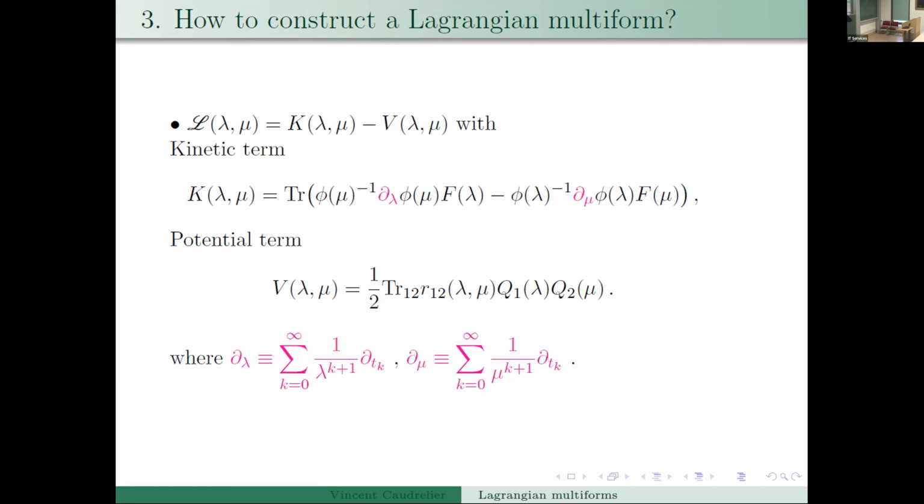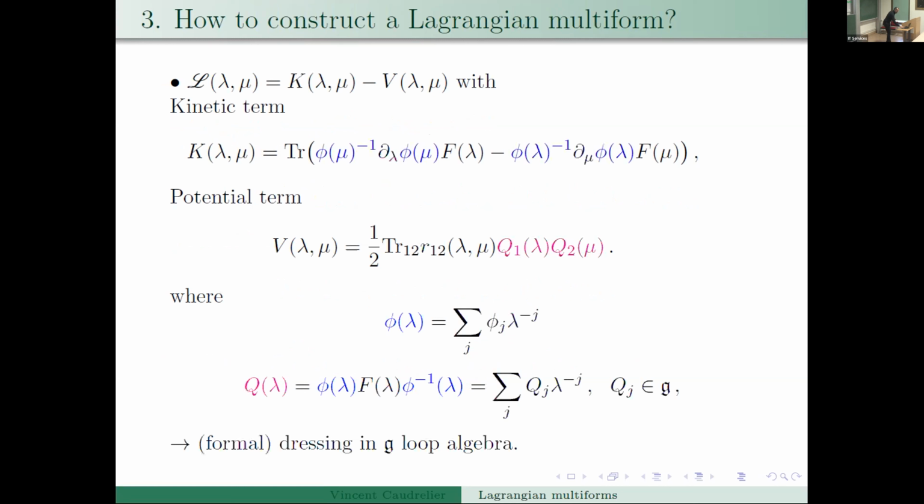Actually, this is all the flows, the partial derivatives, packaged using this generating function idea. So I'm working with formal power series, but no problem with that. Third ingredient, and that's the key, is the fields of the theory. The idea comes from dressing, or formal dressing ideas, of this bare Lax matrix, if you like. You dress it with your fields, and you get the fields of the theory.